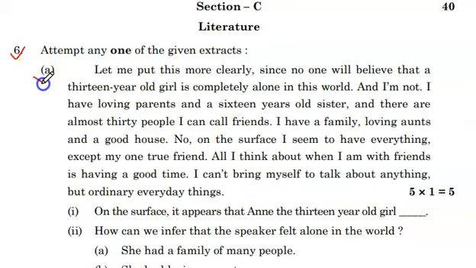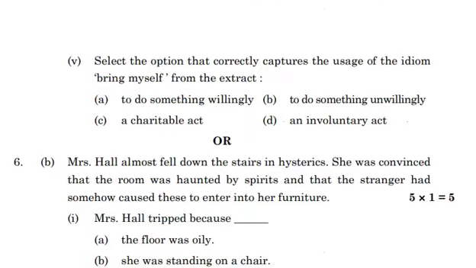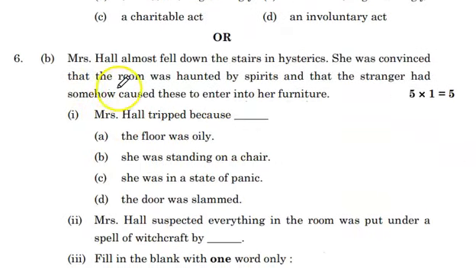So this extract has been taken from the diary of Anne Frank, First Flight, and this extract is taken from Mrs. Hall almost fell down the stairs in hysterics. So 6B has been taken from Footprints Without Feet, because this is talking about Mrs. Hall when the scientist Griffin has gone to that village of Epping.